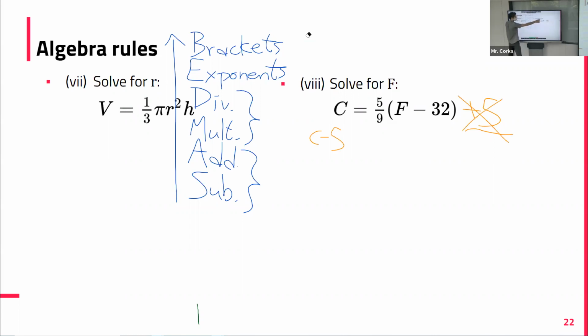And then we would do this 5/9, so that would turn into 9/5, C -5. And then 32. So we kind of work our way up: division, multiplication, done, no exponents. Okay, now we're to the brackets.